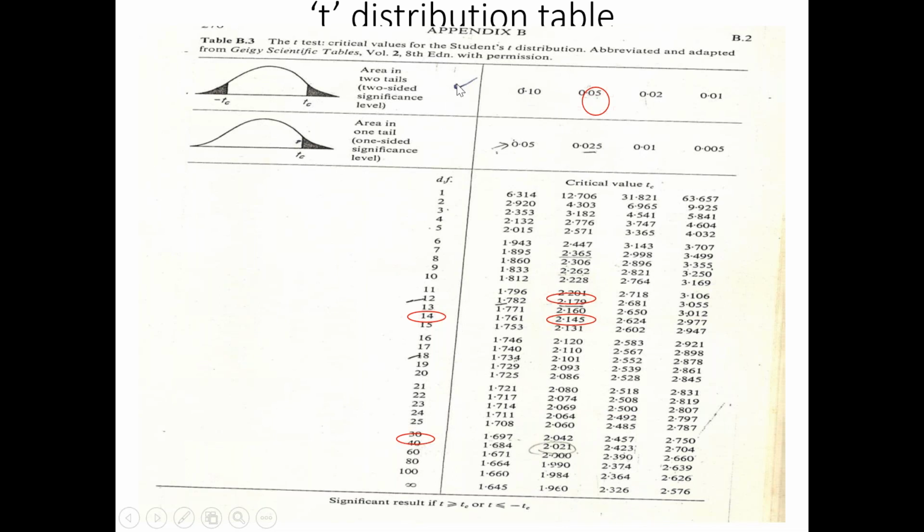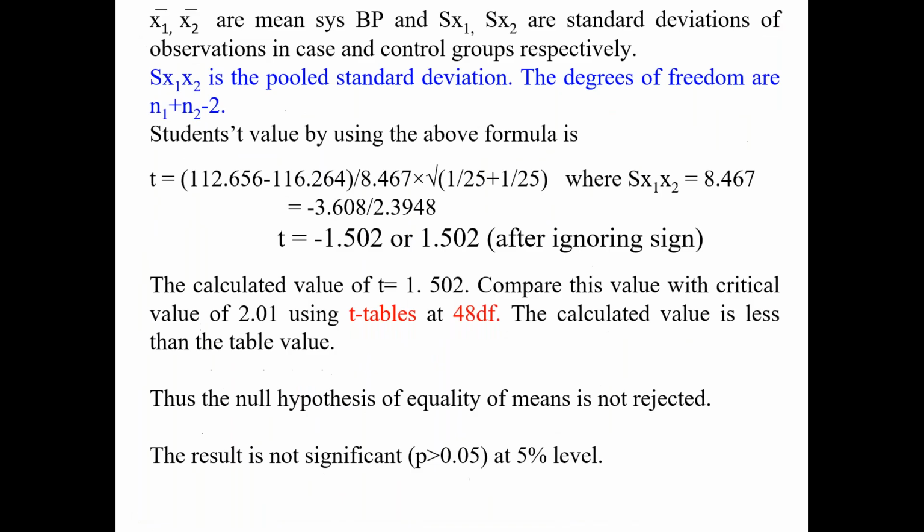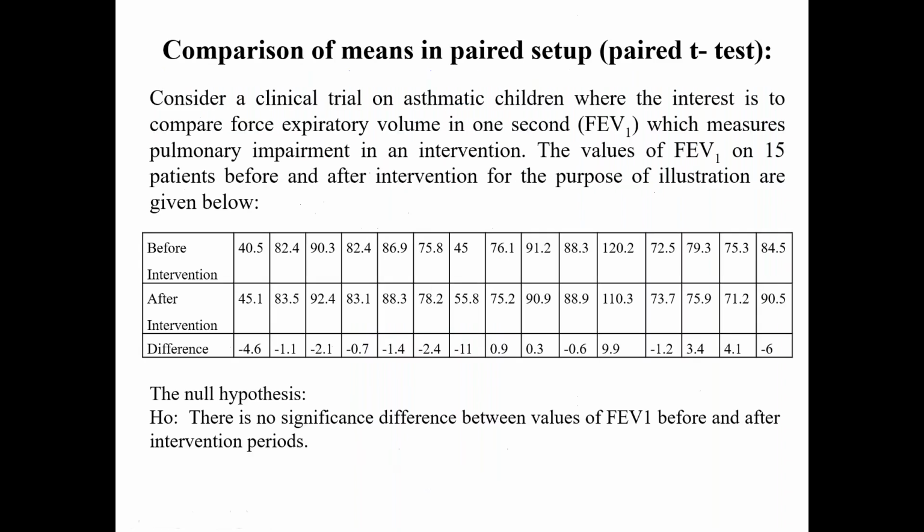Whatever the value here is, it is greater than the p value level of 0.05, so there is no significant difference. The result is not significant. Ultimately, the null hypothesis of equality of means is not rejected, it is accepted, and so the result is not significant. This is how you interpret.